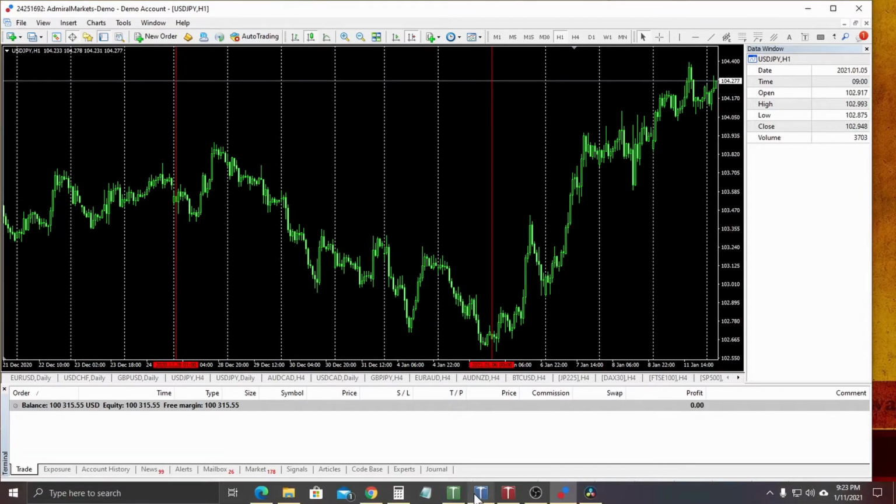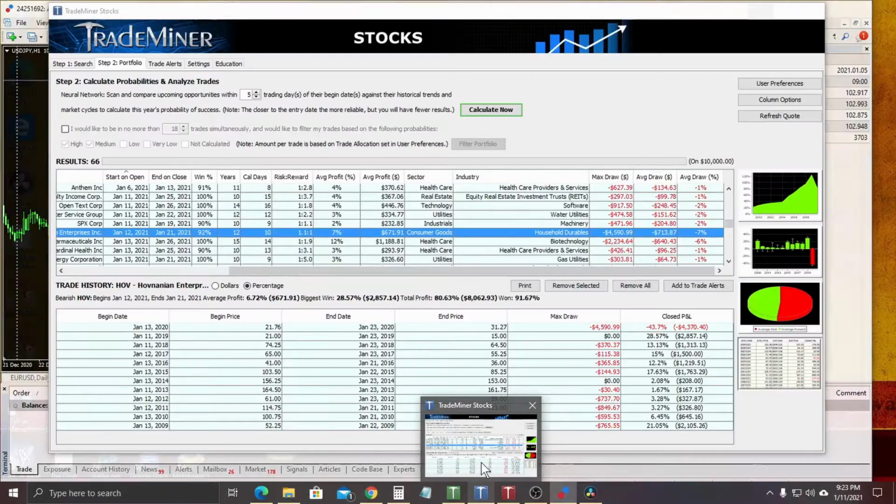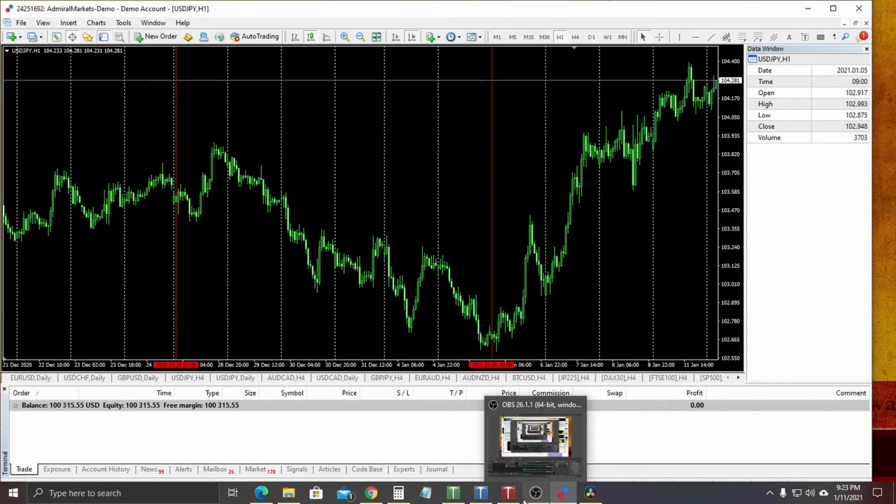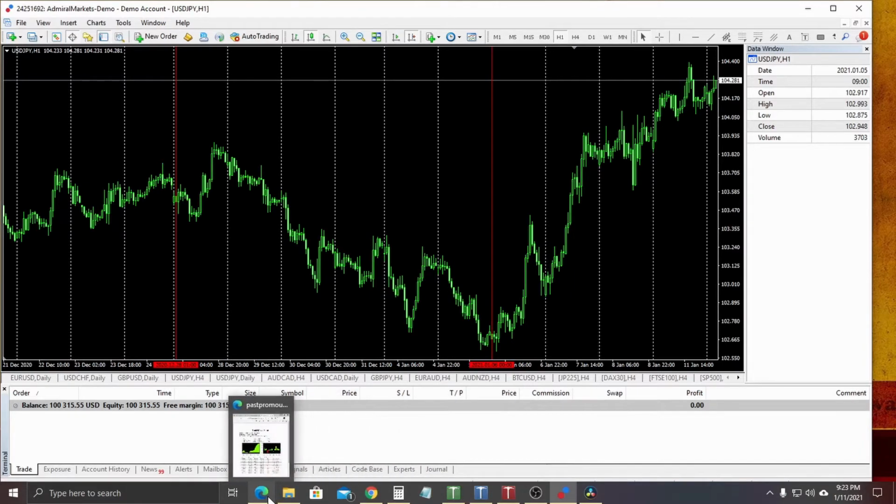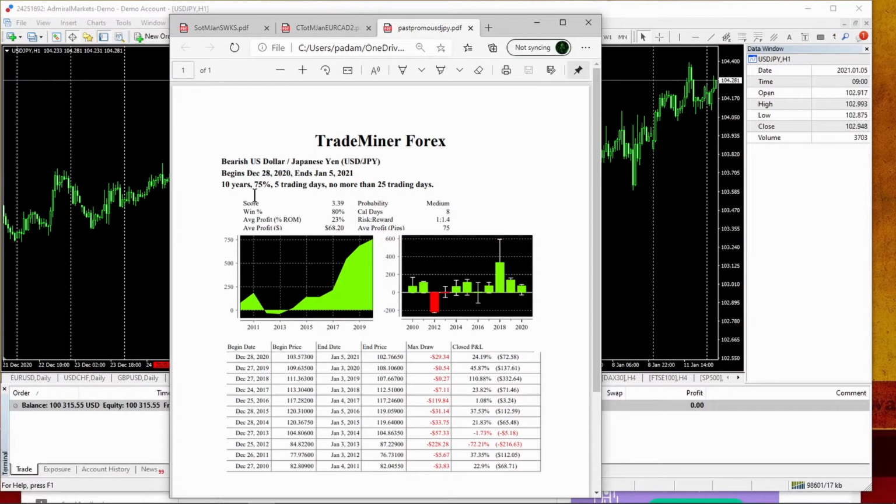On this trade, it says that you have an 80% chance to basically make a profit on this trade. I will show you that. Actually, a 75% chance with 10 years of data, no less than 5 days, no more than 25.